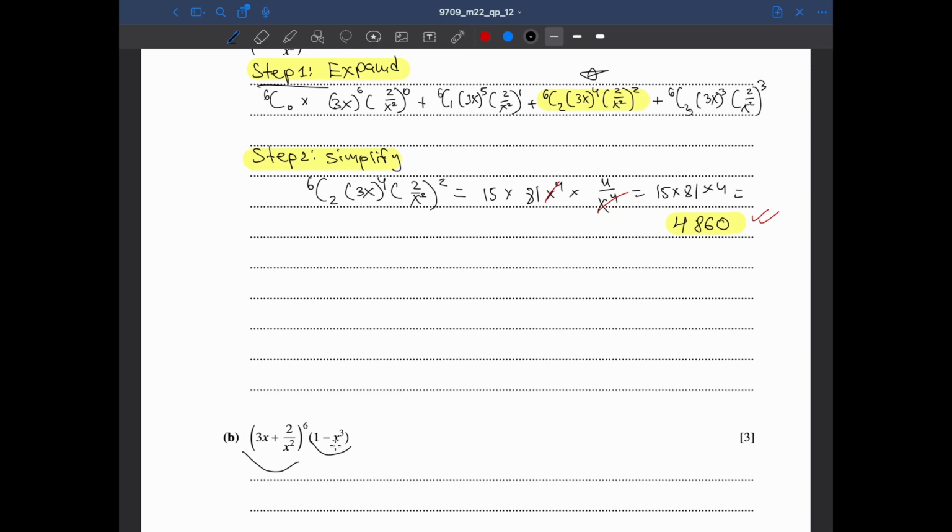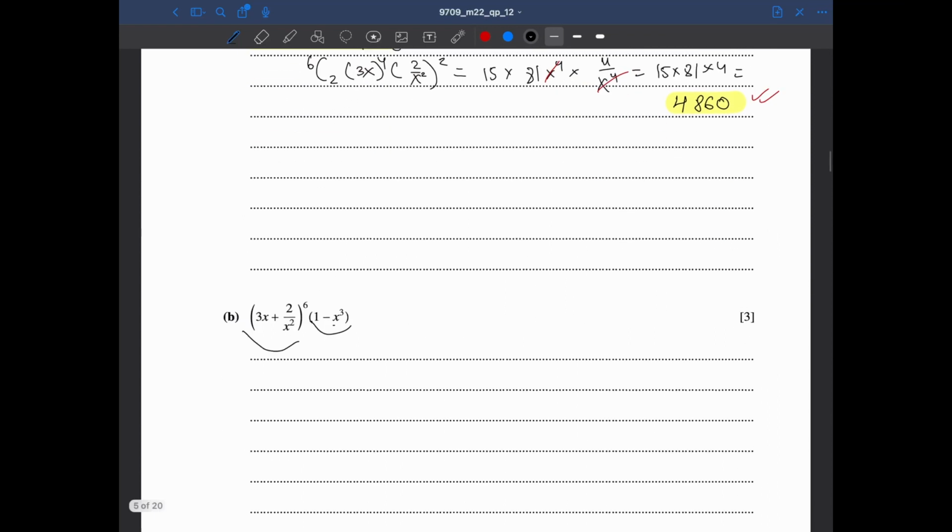So we're going to multiply something by x cubed. From our original expansion, we need to find something, let's call it a over x cubed, so that when we multiply it by x cubed, we just get an independent term, which doesn't have an x value. So we need to find something divided by x cubed in our original expansion.